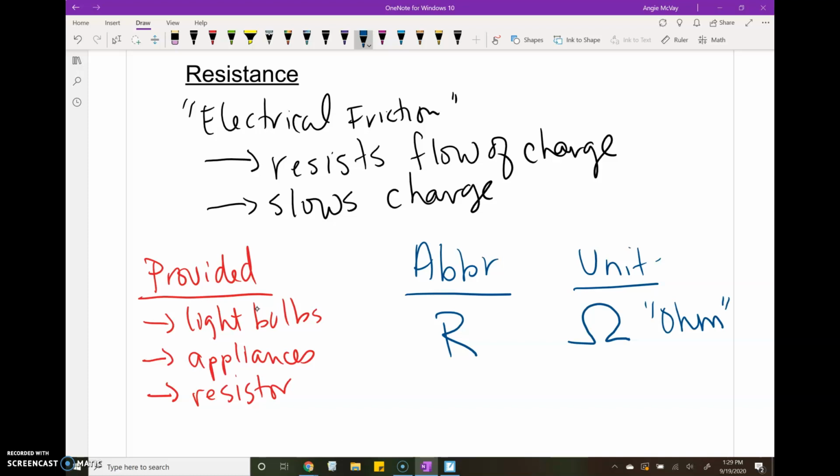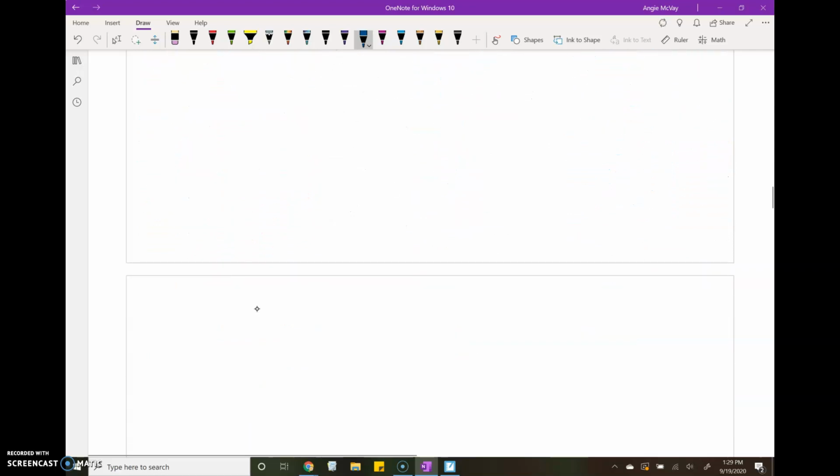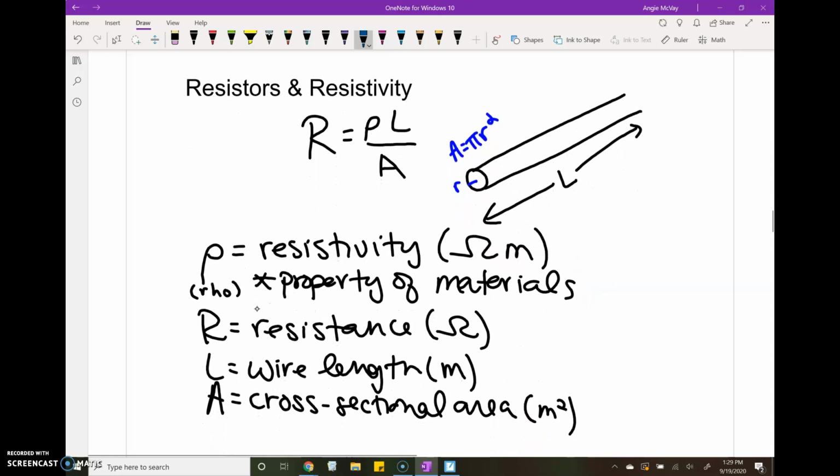All right. Okay. Now, I mentioned previously that resistance is a property of a material. You can imagine that plastic would have a different resistance to electrical flow than lead or copper or gold.